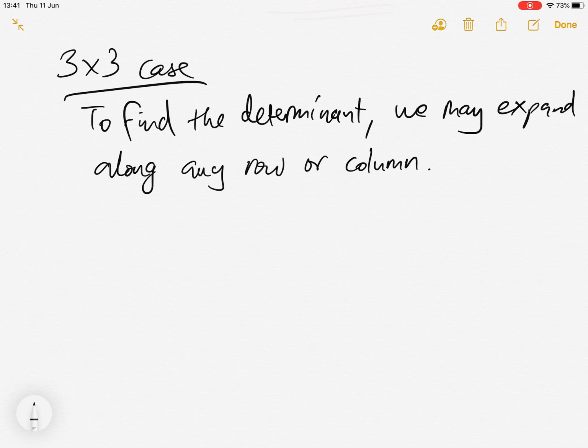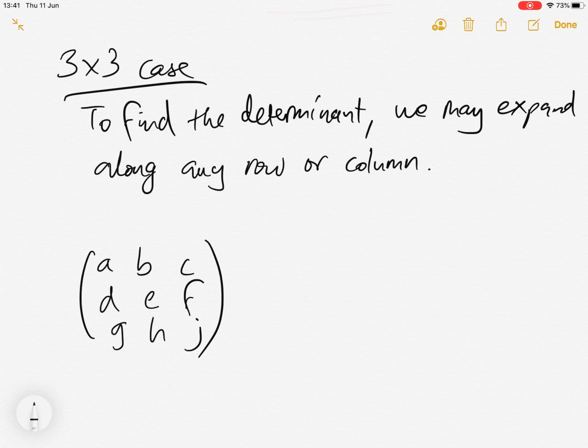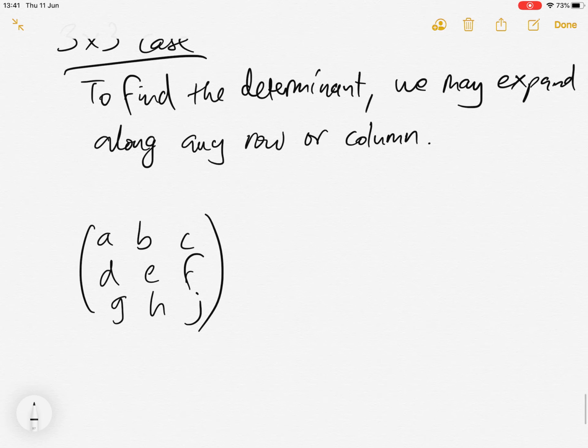So we have a 3 by 3 matrix, A, B, C, D, E, F, G, H, J. The only reason I don't use I is because I always think of I as being the square root of -1. So I don't like to use I, but you could use I.